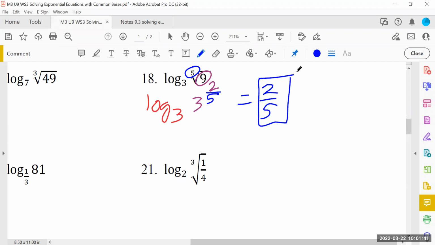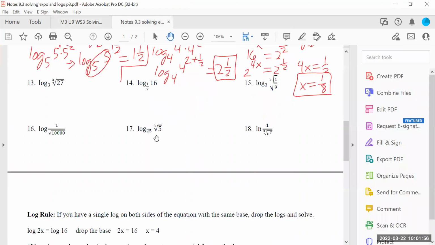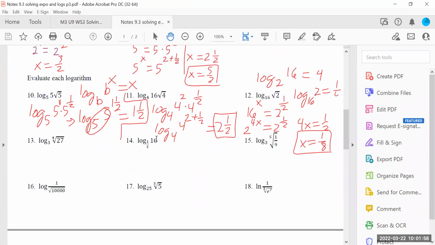We're good there. The trick was that some of the things that you're going to encounter don't work out that nicely. I can't rewrite the thing inside the log as the base power. So let's see here. We had stopped in the notes at number 12.